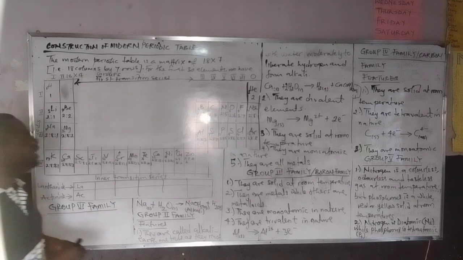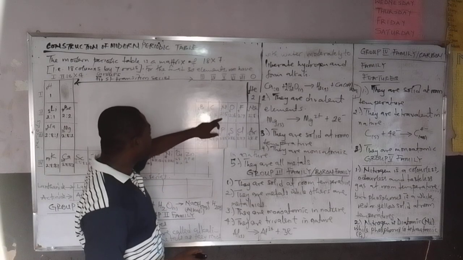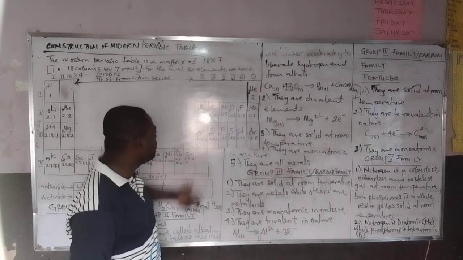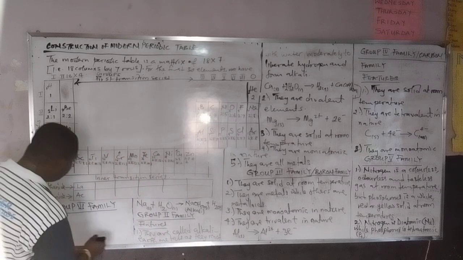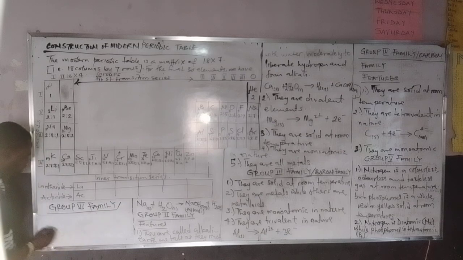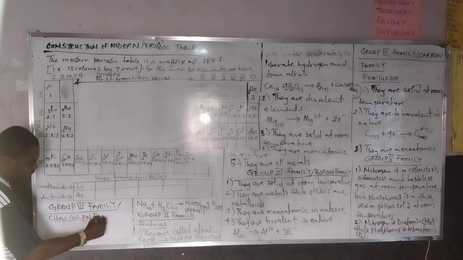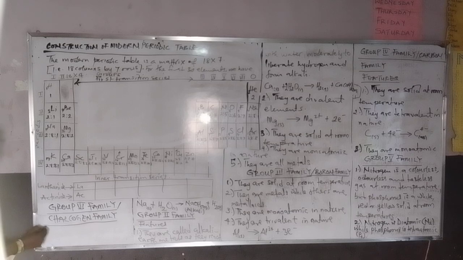Members of group 6 family are oxygen and sulfur. And this family is also called chalcogen family. Let's look at their features.